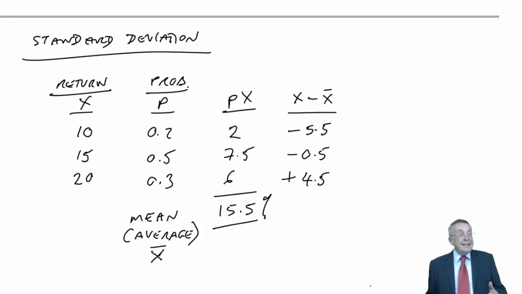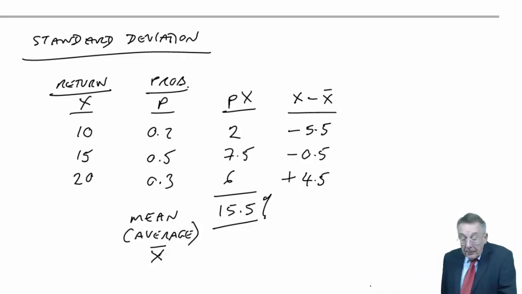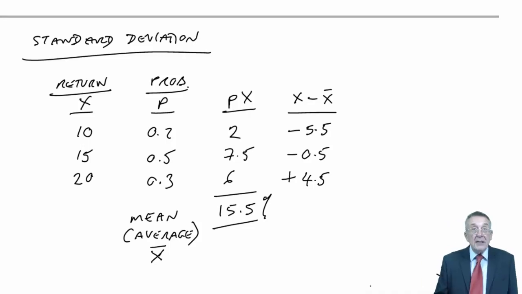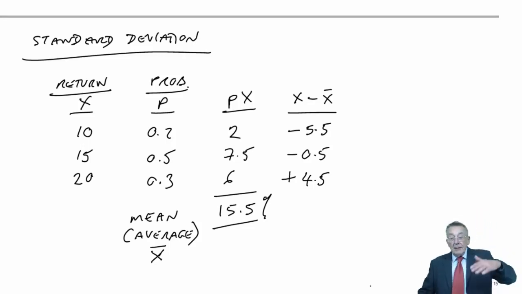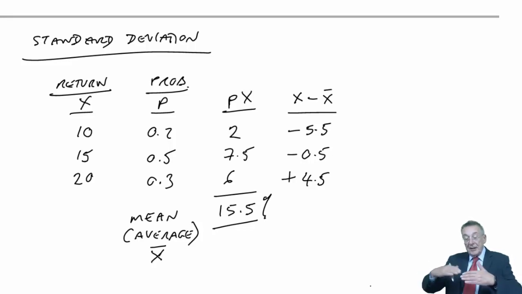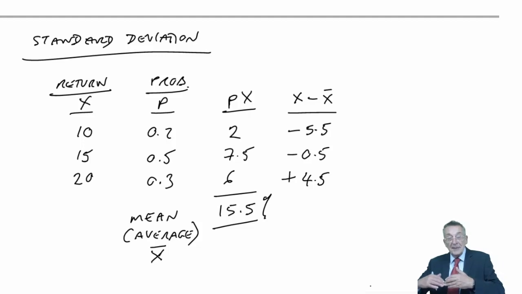Now what we want is the average spread, the average difference. The only problem is, if you just took an average of those as they stood, multiplying by the probabilities and adding up, then because you've got minuses and pluses, you'd end up with an average of 0. Try it if you don't believe me.